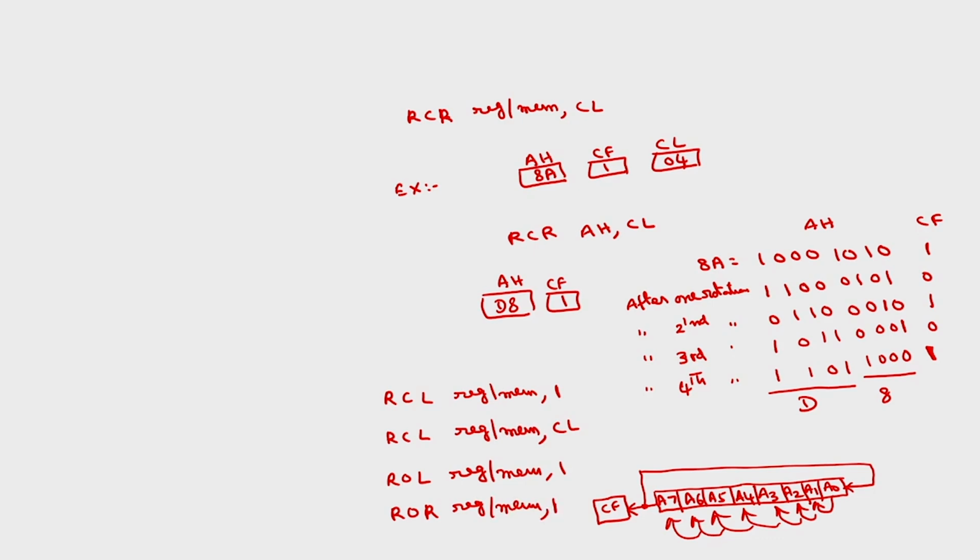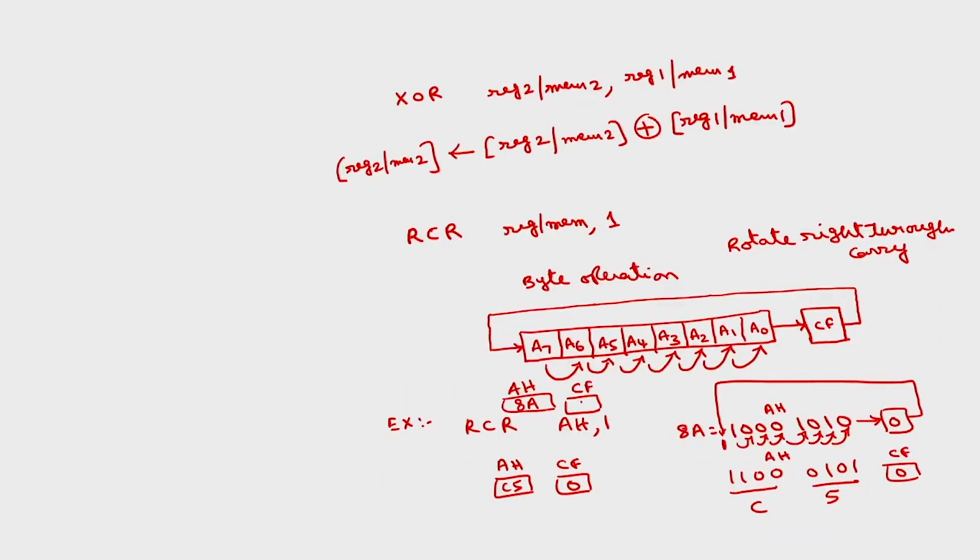This is exactly the same operation, but the contents will be passed without carry. Okay. So if I take the same previous example, and if it is ROR instead of RCR, what will be the contents of this AH register after this, if carry flag is set before this?